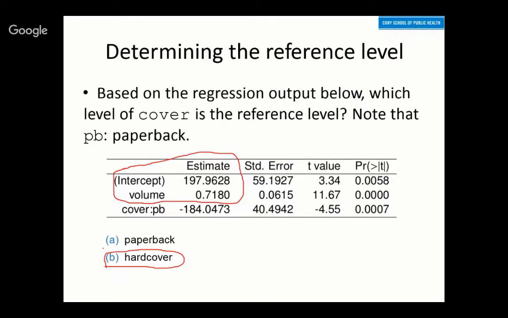So our reference group now is paperback, and this coefficient tells us the correction that we have to make if it's a hardcover book. What things in this table are going to change? How about if we think about it this way?